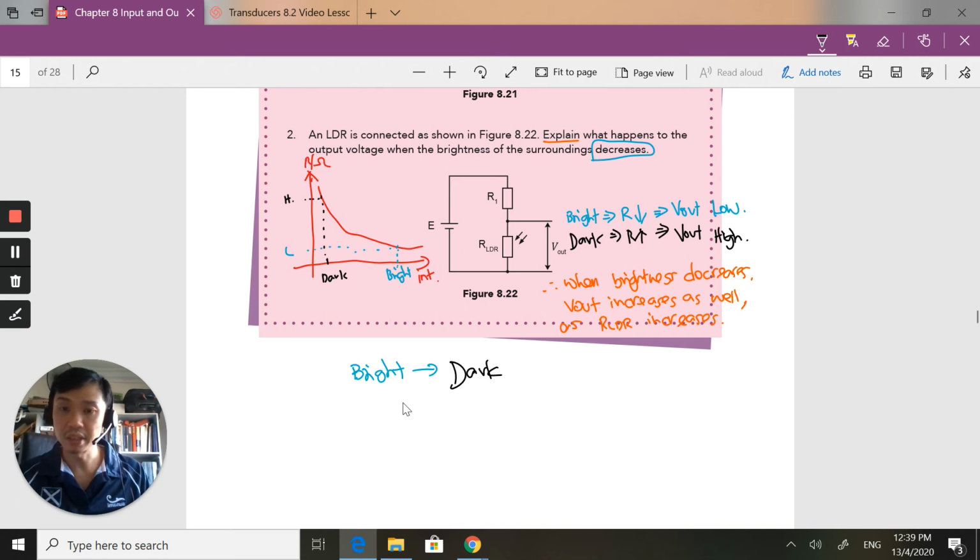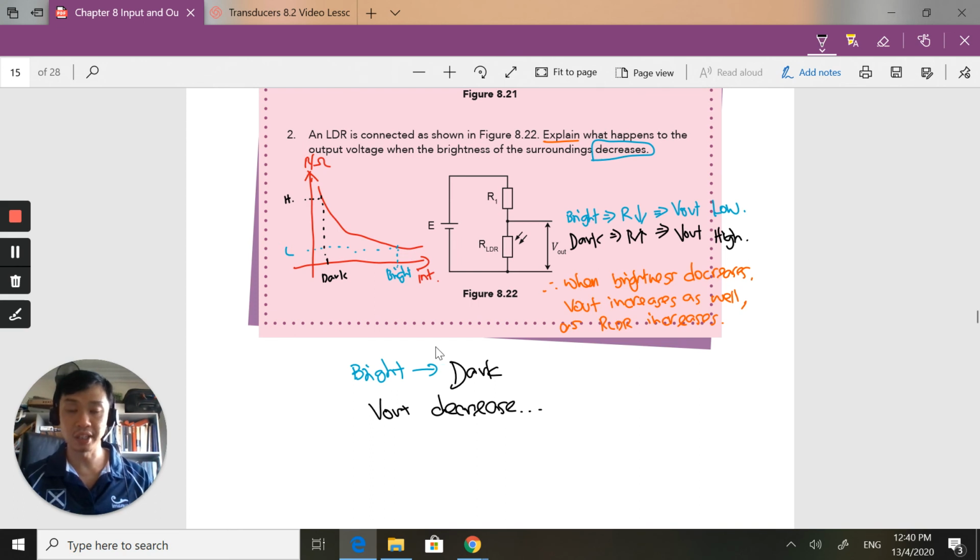Same thing, the brightness decreases, but now I want my V out to decrease. What do you think I must do? What can I do to change this circuit to make this so? Because over here, the brightness decreases, V out increases. But if I want the opposite, I want V out to decrease instead. What can I do? Pause the video, think about it.